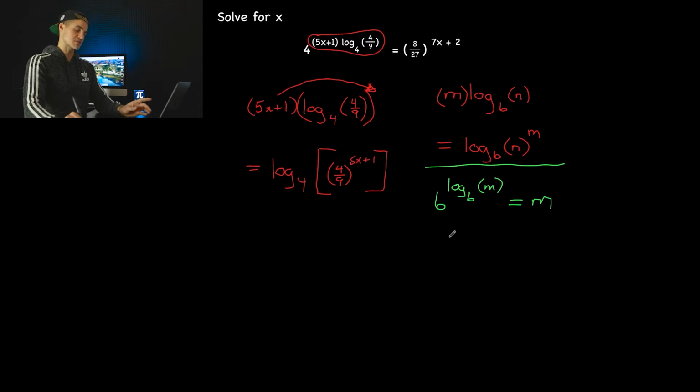So if I, for example, have, let's say, 5 to the power of log base 5 of 4, this expression is just going to equal the 4, right? It's going to equal whatever that m value here is.